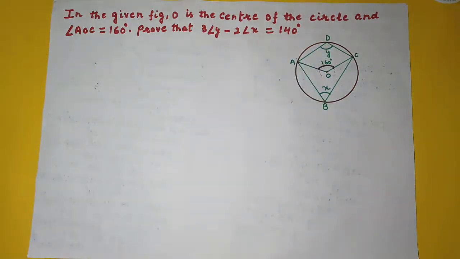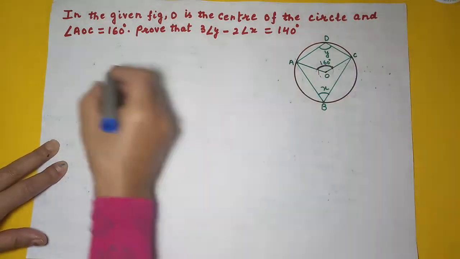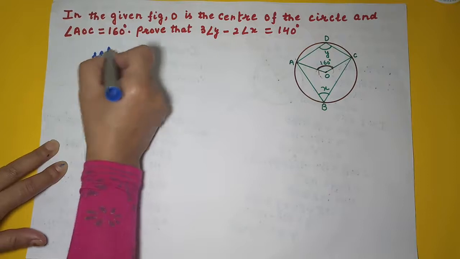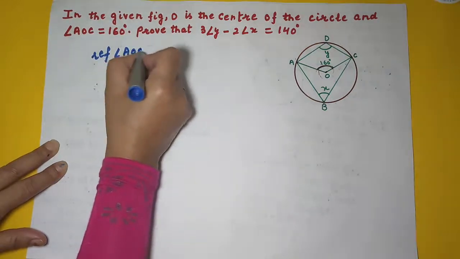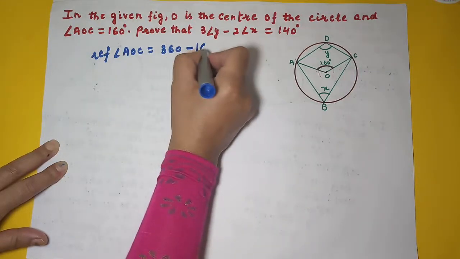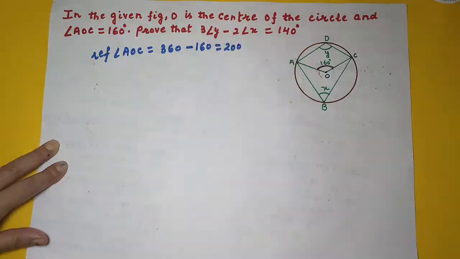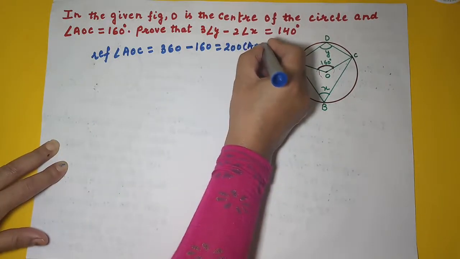So let's calculate. This is the reflex angle AOC. Reflex angle AOC is equal to 360 minus 160, so that is 200. Right? You can write angles at a point.